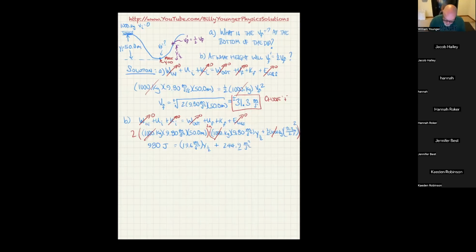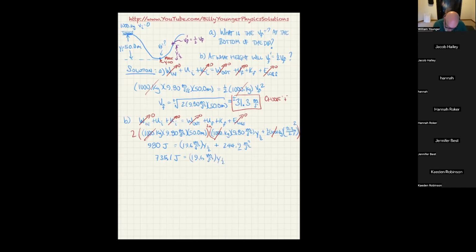So now all I have to do is solve for y 1/2. I'm going to say 980 minus 244.9 gives me 735.1 joules is equal to 19.6 meters per second squared times y 1/2.